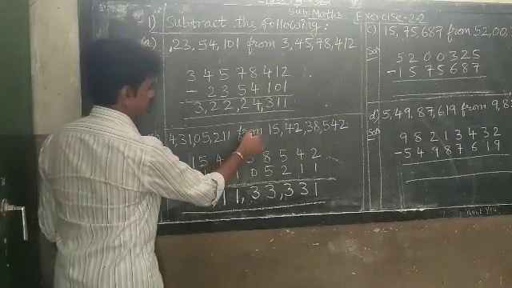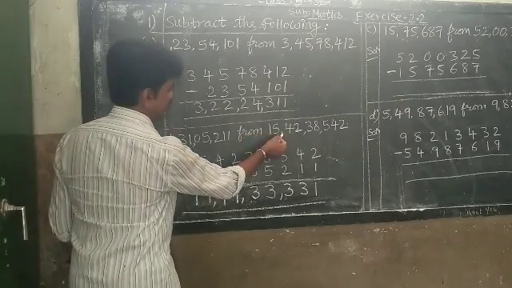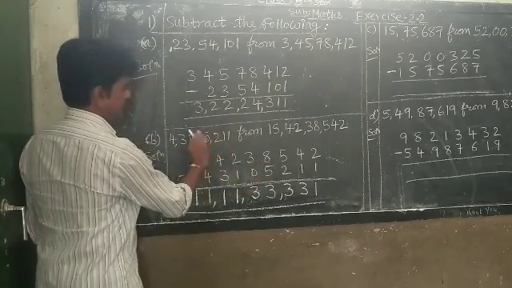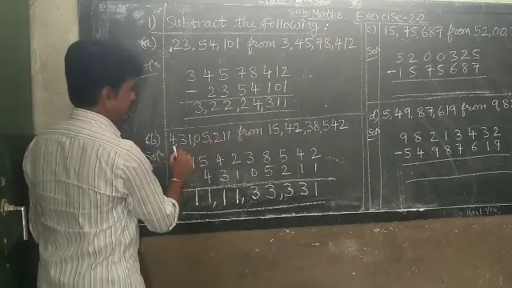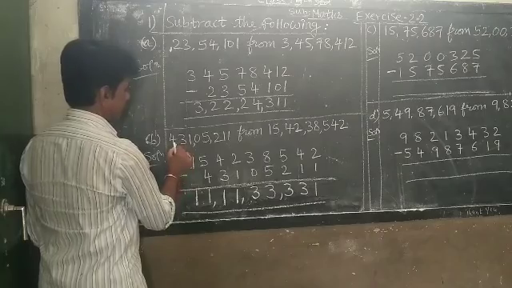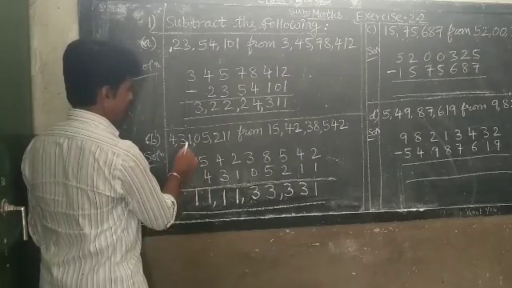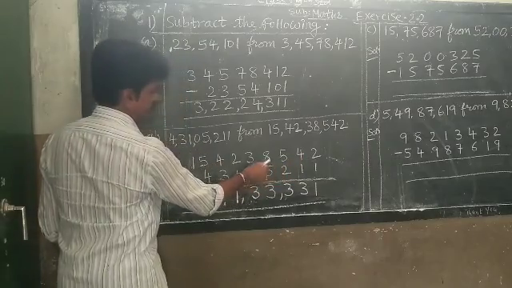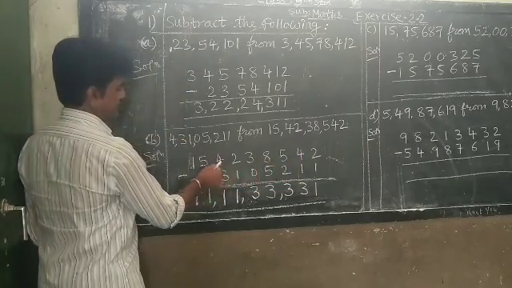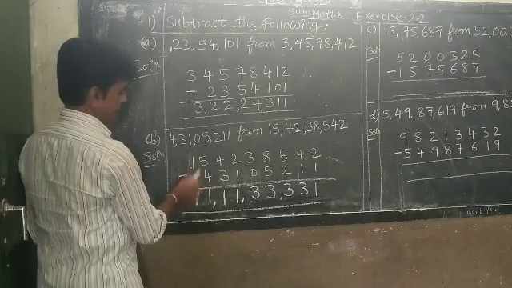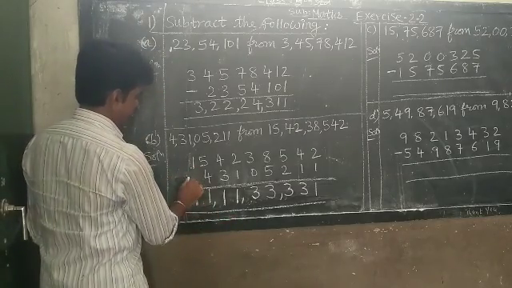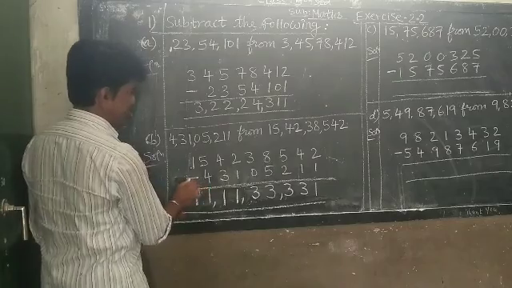The right side number is big, so you write it at the top, and the left side number is small, so you write it below according to place value, one below the other. Again, subtract means you put a minus sign.